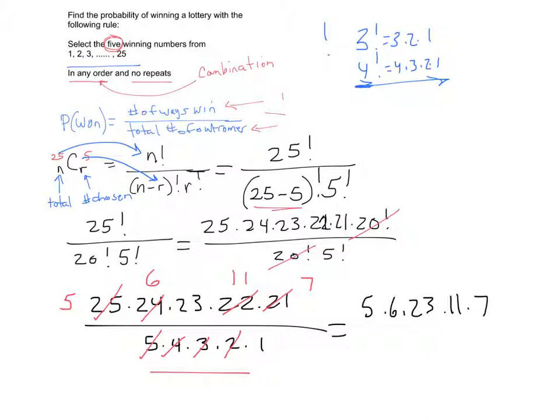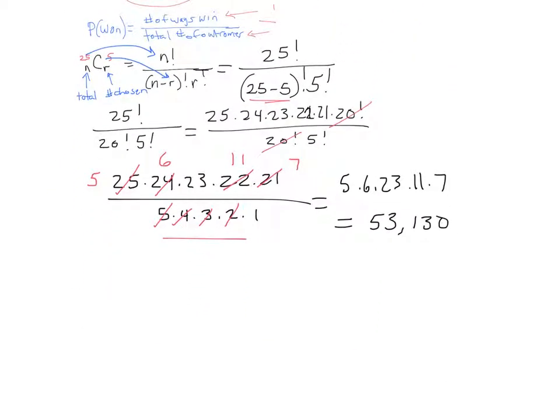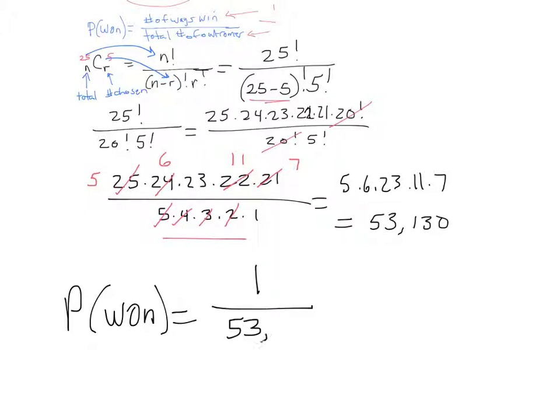I get my old trusty calculator out, multiply those values, and I get 53,130. So my answer is that there's one way to win out of 53,130 ways to pick those 5 numbers out of 25.